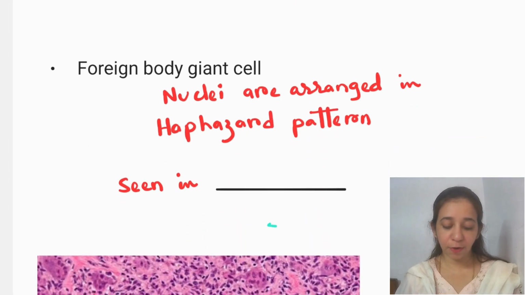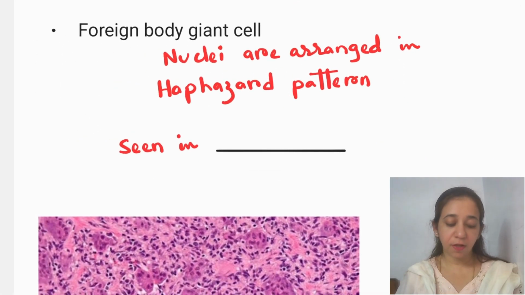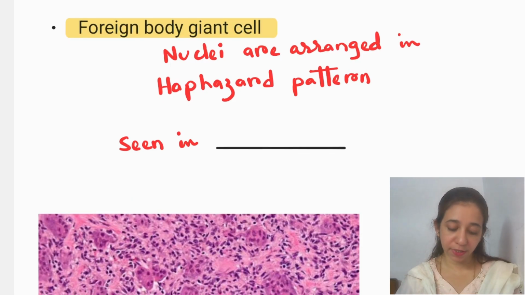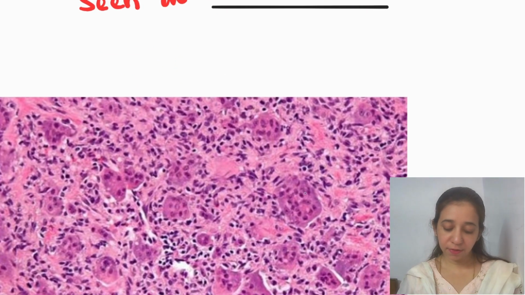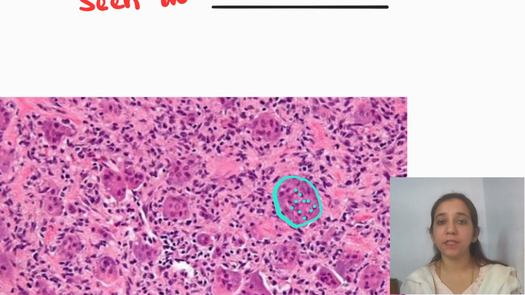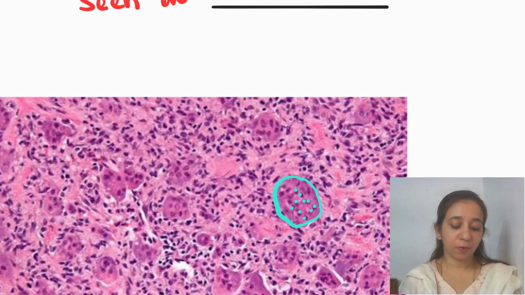Now the next one is the foreign body giant cells. In case of foreign body giant cells, the nuclei are arranged haphazardly. We can see that this one is a giant cell and these dots are the nuclei, arranged in a haphazard pattern.